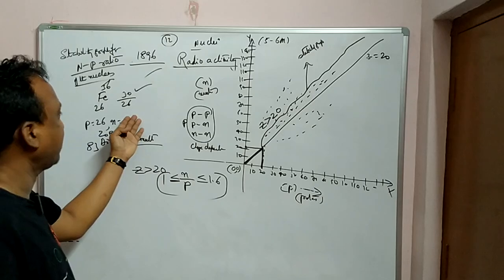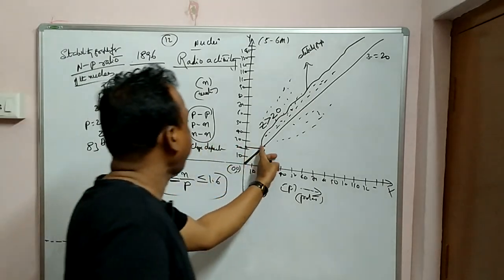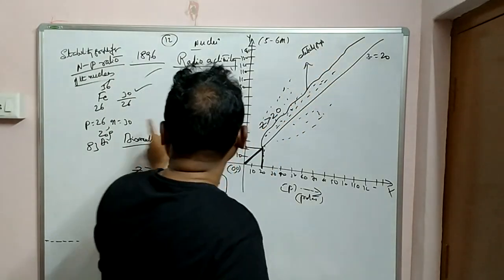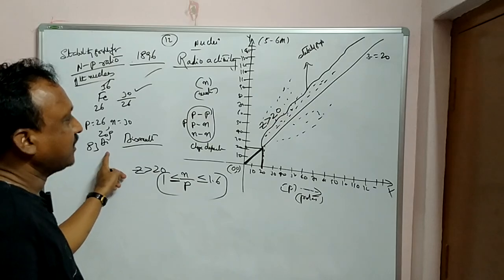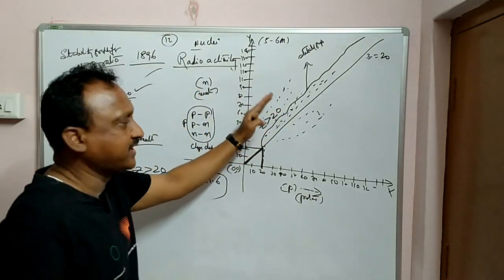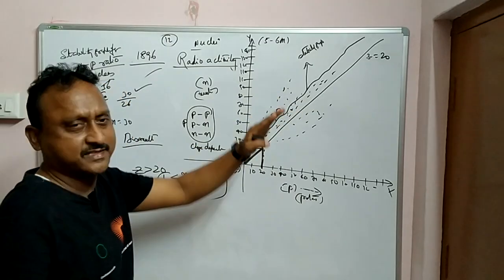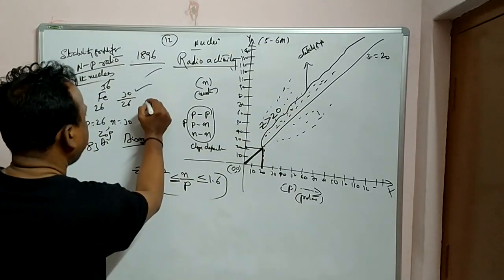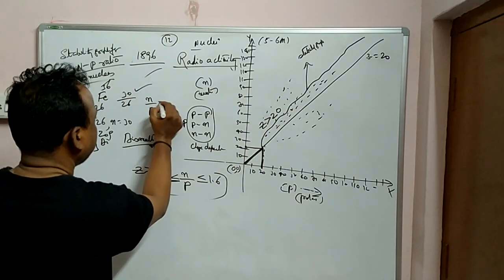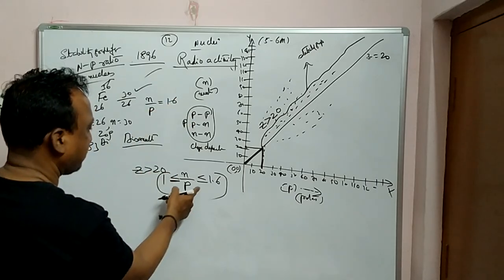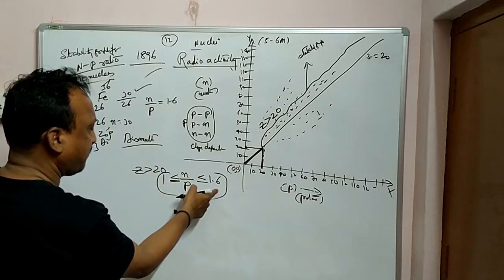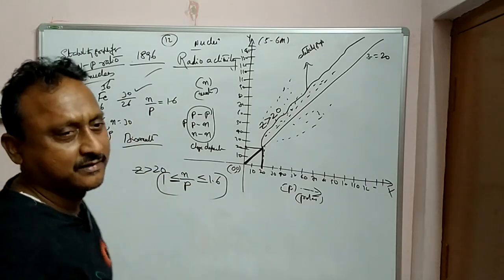Iron-56 with Z 26 is the most stable one. So the graph goes like this up to atomic number 83, bismuth. Here also, if more neutrons are there, it goes a little this side; if more protons, they come this side. Like that, the N by P ratio is balanced, at almost 1.6. N by P is less than or equal to 1.6 and greater than or equal to 1.